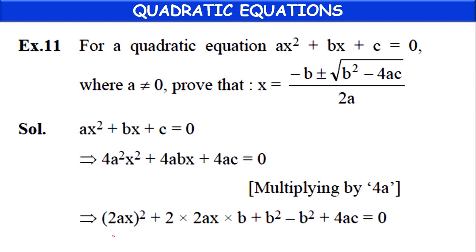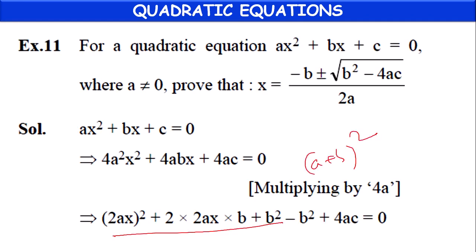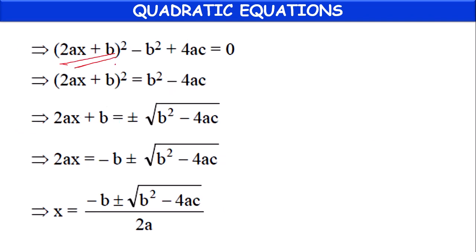So these first three terms are in the form of a plus b whole square. So we can write 2ax plus b whole square, and the remaining part we have is minus b square plus 4ac. This is the remaining part.